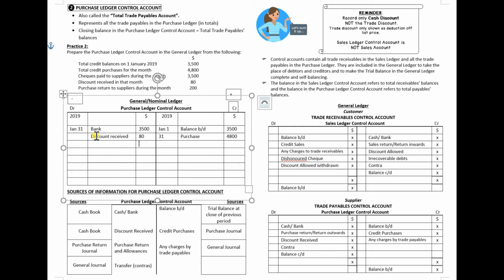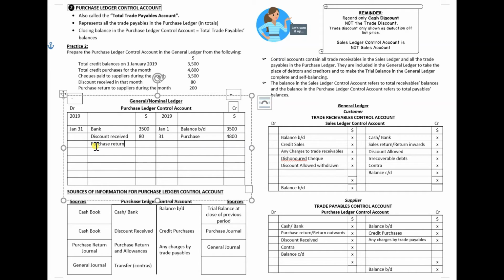And now purchase return to supplier during the month. One trick to remember this is that purchase return, when you purchase and then you return, it's called the return outwards. Return outwards on the credit side here will be on the debit side. Return outward credit, and supplier will be debit.